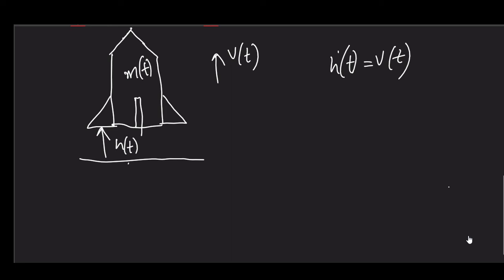The gravitational force is denoted by a constant g. Let us consider the thrust force produced as the product of v e and u naught, where u naught is assumed to be a constant rate of change of mass.